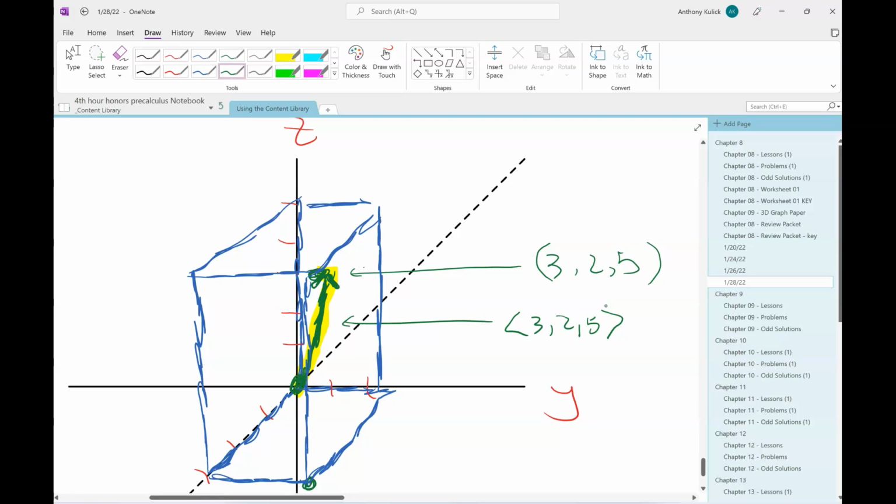We get the difference there between the vector and the point. The vector is the line from the origin to the point. I picked kind of a crummy point because it's awful close to the z-axis, so it's kind of hard to draw it neatly. Oh well.